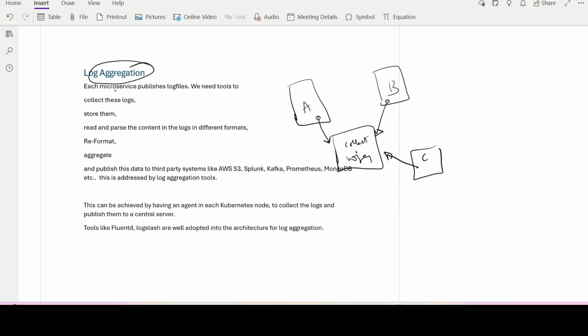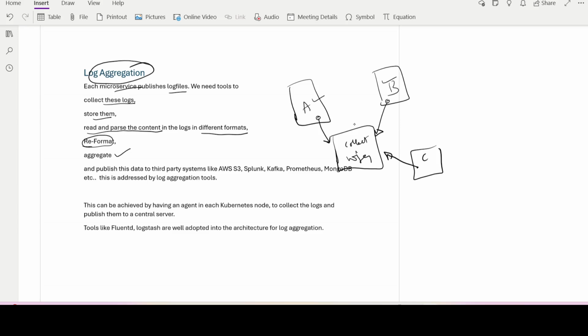So how it works is, microservices publish log files and we need to collect these logs and store them. We also need to read and parse the content, and sometimes it comes in different formats, like this service can give a different format, this can give a different format, right? We also need to reformat once we have the data, and then we need to aggregate.